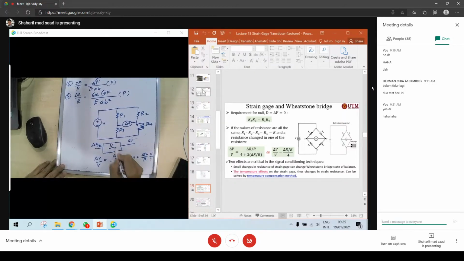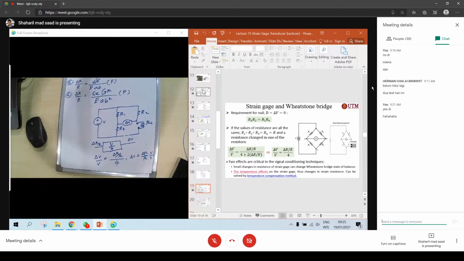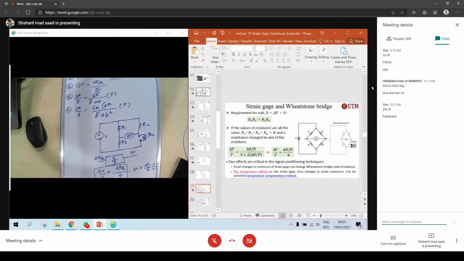So this one can be V over 4. Simple. So the next formula, number 7, will be delta V over V equal to delta R over R divided by 4. This is what you get when you apply the strain gauge.